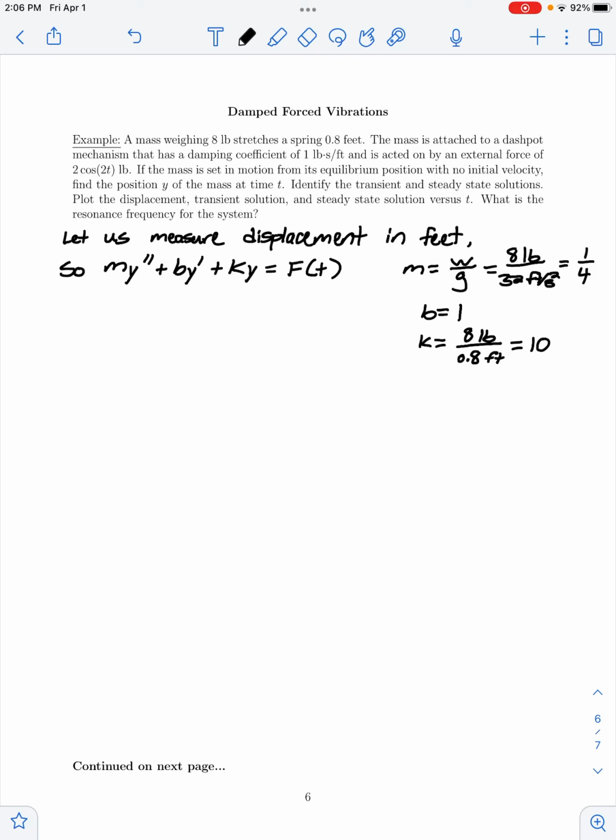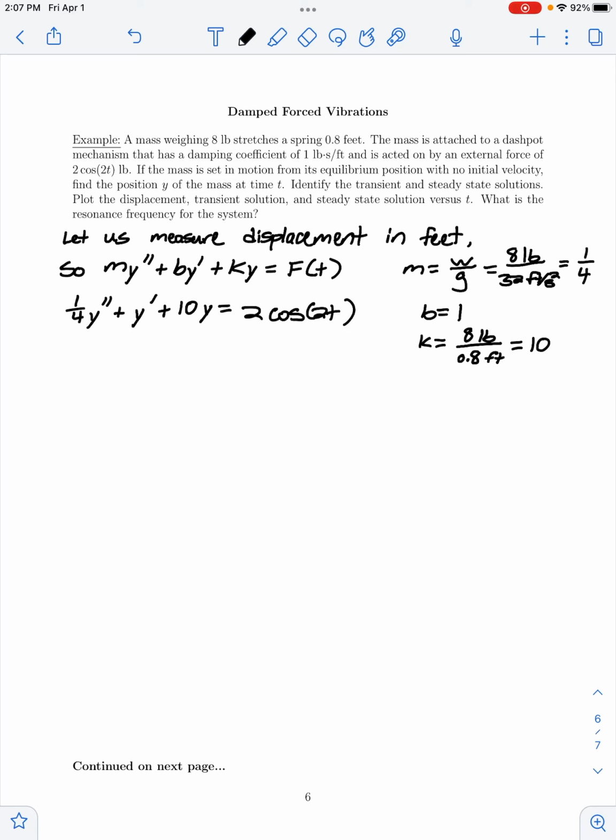So substituting these expressions into our equation of motion, we have the mass, which was 1/4 y double prime, plus b, which is 1 y prime, plus 10y is equal to the external force, which we were given in the problem, as 2 cosine of 2t pounds.